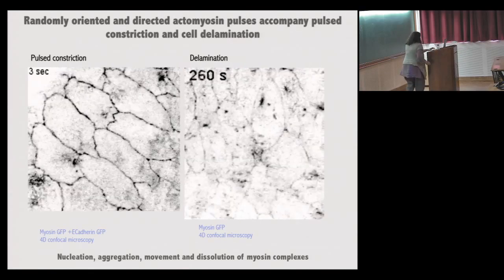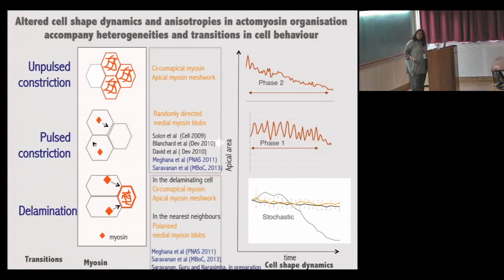So I'll make one statement here, which is that if I look at pulsed constriction, I can say that these dynamic actomyosin complexes that form and dissolve appear to be randomly directed, whereas when a cell is constricting rapidly to exit the sheet, these complexes in the neighboring cells appear to move directly towards that cell, let's say for longer distances, more persistently, but in the neighbors of these cells.